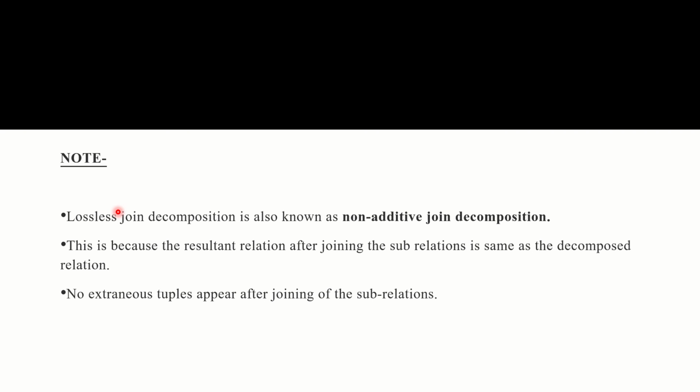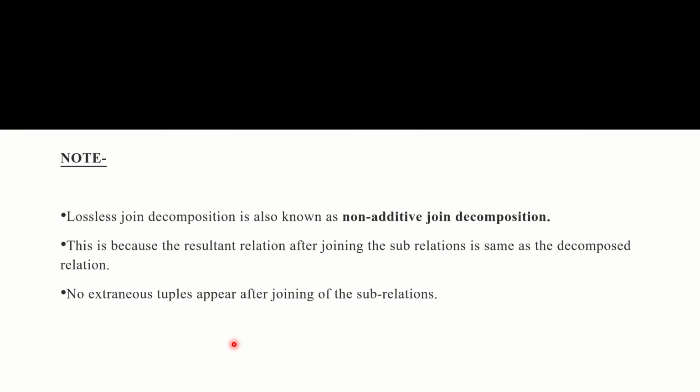Lossless join decomposition is also called non-additive join decomposition, because the result we get after joining the subrelations will be the same as the original table. After performing the decomposition, there will not be any extra tuples. We will get the actual original table.